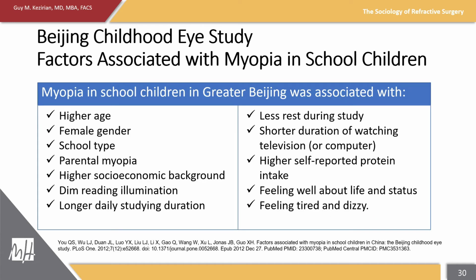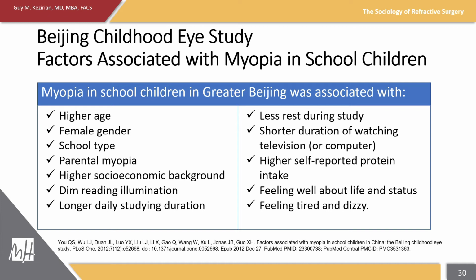Looking at the question of what influences the development of myopia a little bit further, the Beijing Childhood Eye Study, different from the study on the previous slide from Beijing, looked at factors associated with myopia. On the left side, we see causative factors: higher age, female gender, school type, parental myopia, higher socioeconomic background, dim reading illumination, and longer daily studying duration.